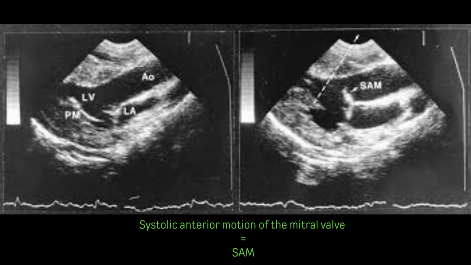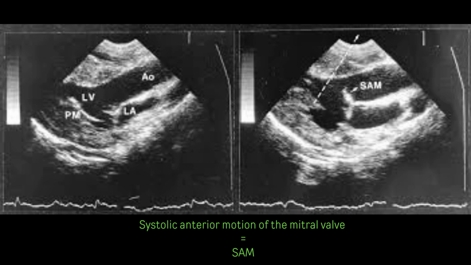Sorry. There's one other condition that I want just to highlight. It's called SAM. SAM is systolic anterior motion of the mitral valve. So the mitral valve, the anterior leaflet flaps up in diastole. So that's when you get left ventricular filling.